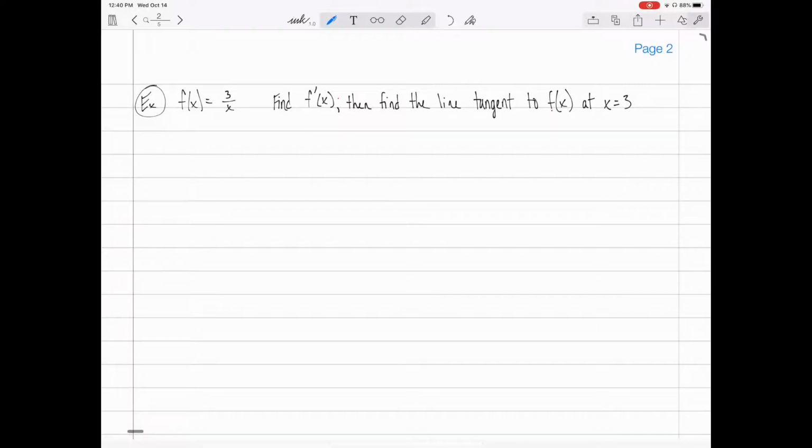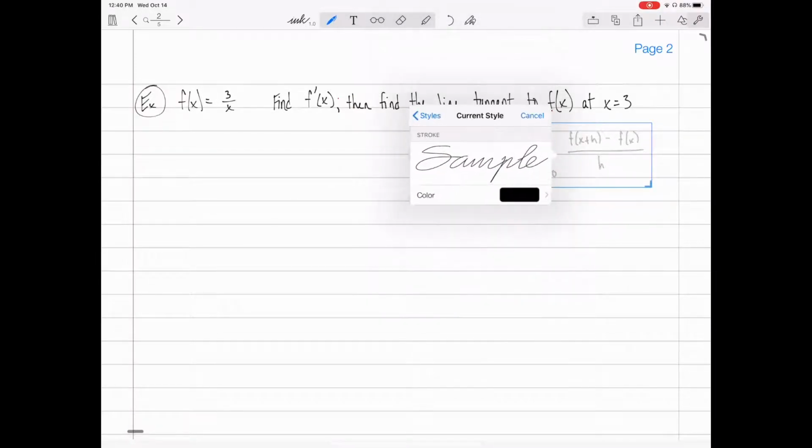So just to remind us, the limit as h goes to 0 of f of x plus h minus f of x divided by h is what we're going to use on this function f of x. So I'm going to move that to the side here, color it a little different.